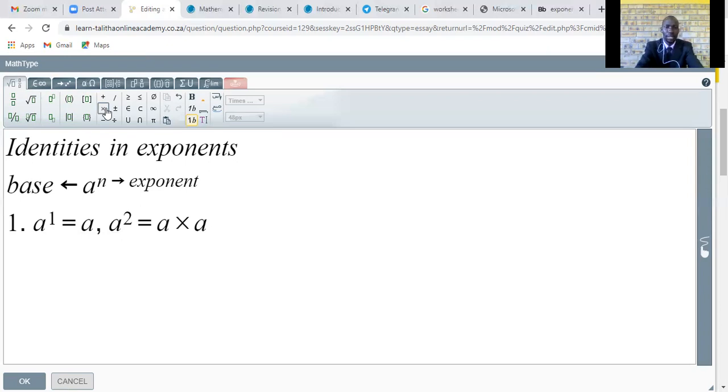And so if A is raised to some other power, say 3, then by definition A will be multiplied by itself 3 times. And so we will be having A times A times A, 3 times.